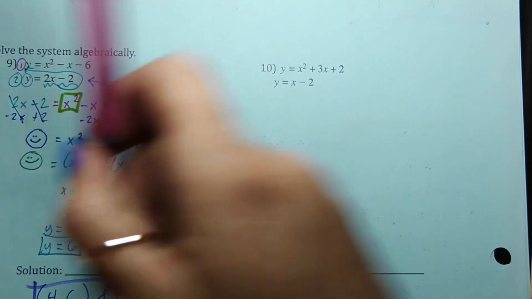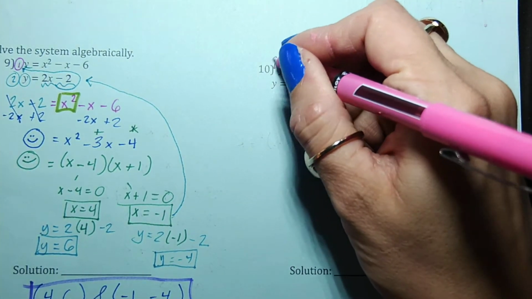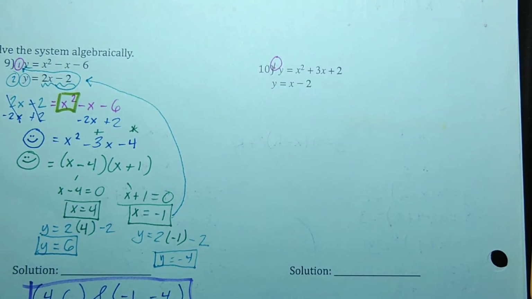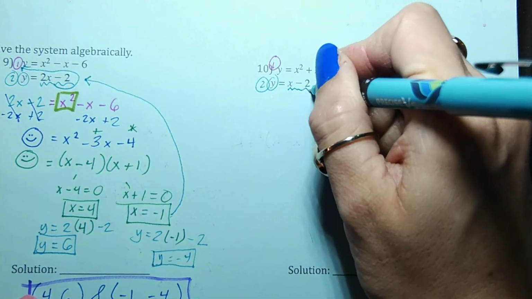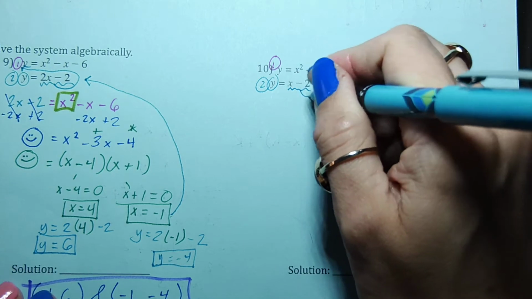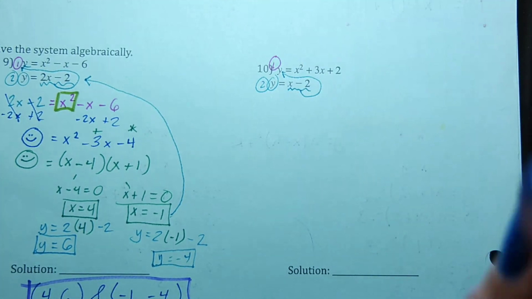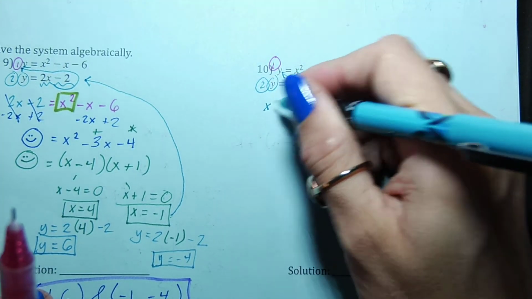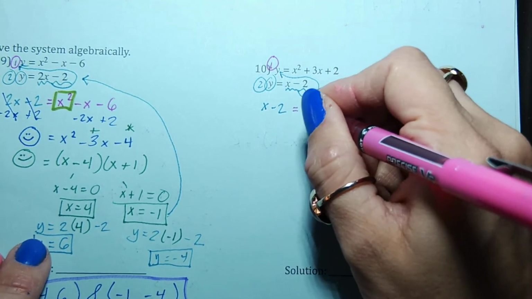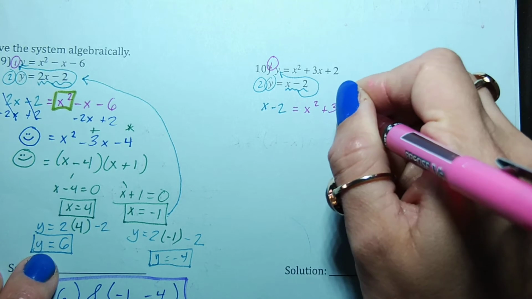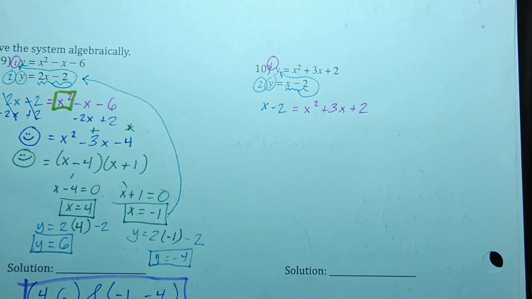Quadratic for the first equation, linear for the second equation. Y equals stuff. Take that stuff and plug it in for y in the first equation: x minus 2. Everybody over to the right or everybody over to the left? To the right.